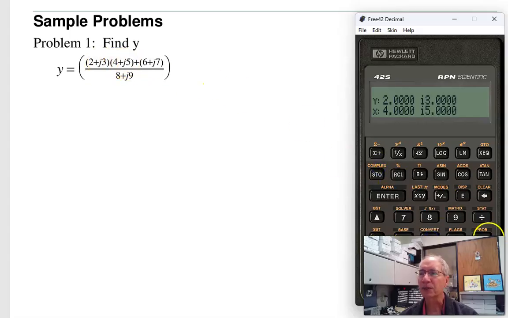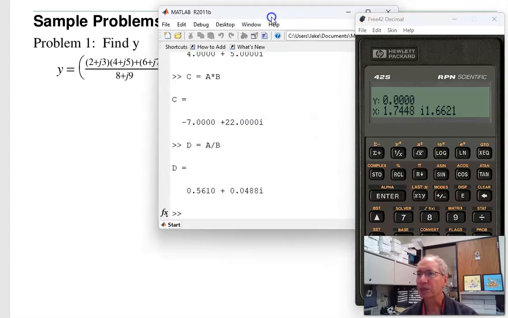Multiply these two together. Take the number 6 plus j7, 6, enter 7, complex. Now add them. Divide by 8 plus j9. There's your answer.